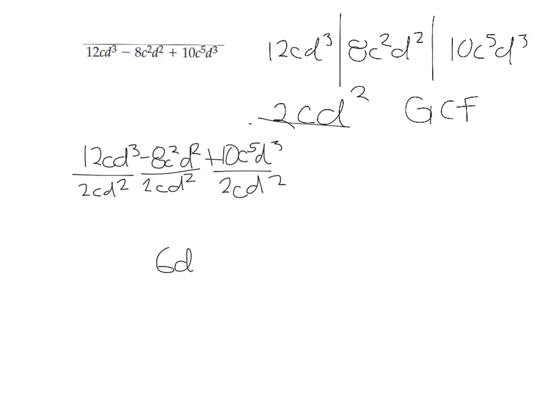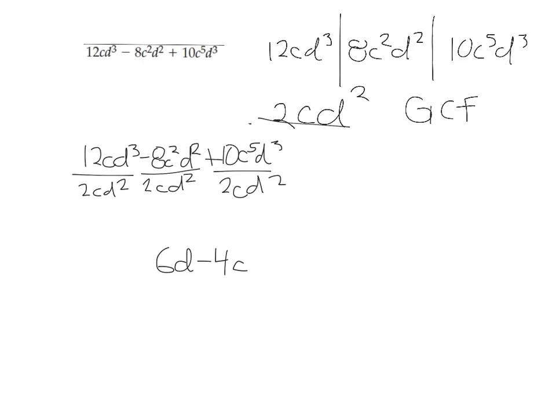I'll go on to the next part of my trinomial, which is negative 8, and divide that by 2, and that gives me a negative 4. You can see that c squared divided by c means I bring that c up, and the exponent becomes subtraction, so I get c to the first power. And you notice that they're both d squared, and that cancels out.